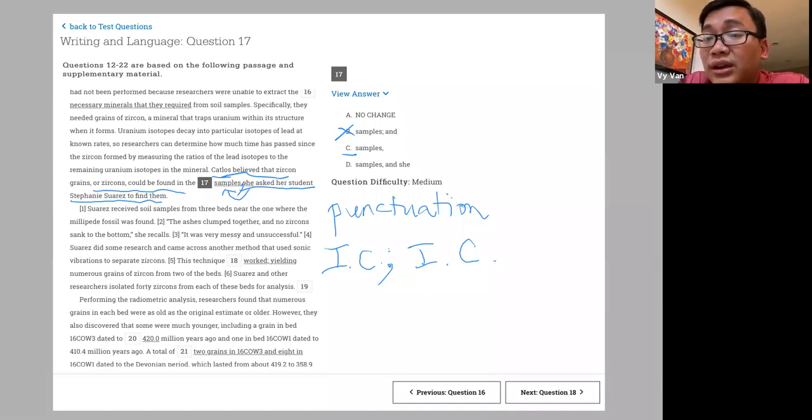Oh no, that's not it. Okay, sorry, I read it wrong. If you put a comma here without the 'she', 'asked her students', that's just wrong. I'm very sure C is wrong. That just doesn't make any sense.